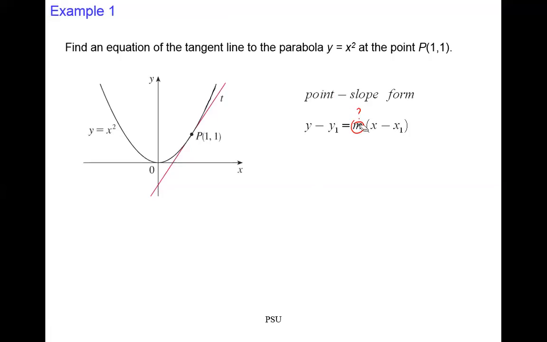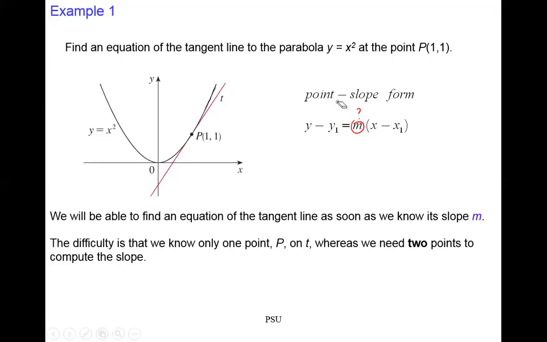How can we find that slope? I can definitely substitute the point. That means I will have y minus 1 equals slope times x minus 1, because this is 1, 1. But I still need that slope.